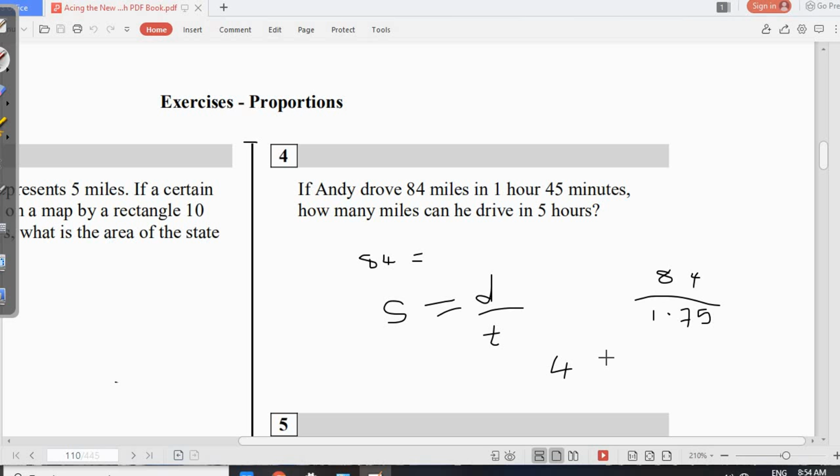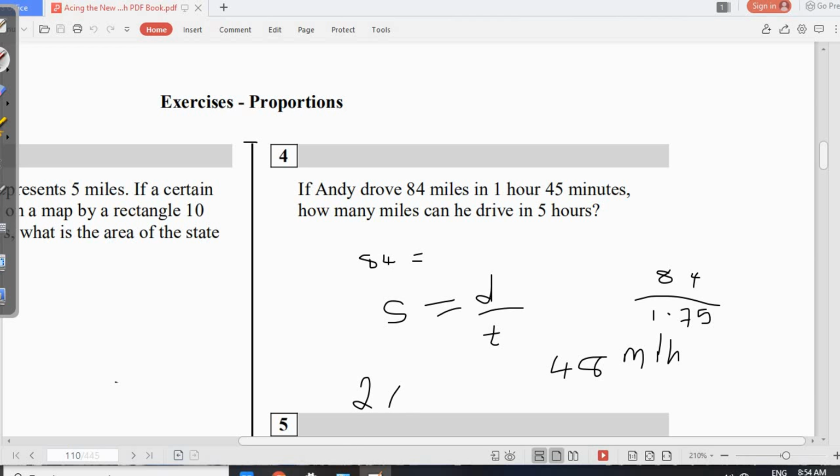So he's driving at 48 miles per hour. Now if he's still driving for 5 hours, simply multiply that by 5 and you get 240.